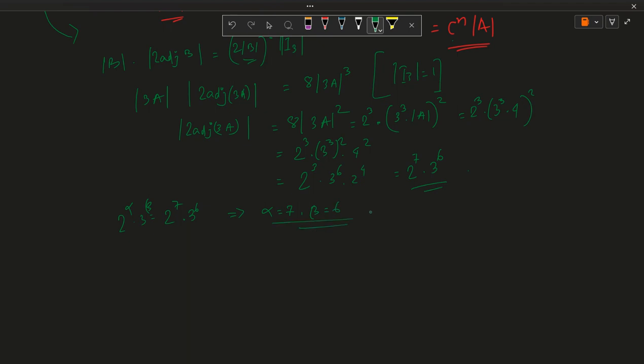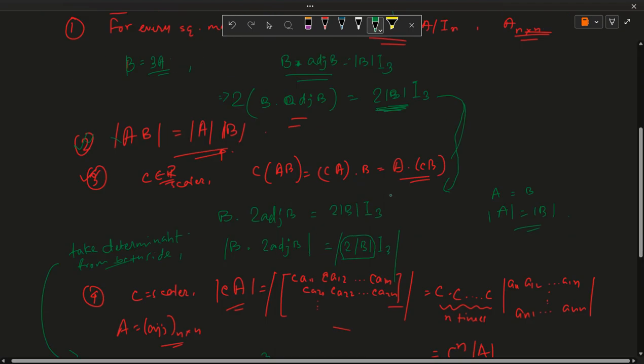Alpha equals 7 and beta equals 6. And so to get the value of alpha plus beta, which is 7 plus 6 equals 13. So the correct answer is here 13.